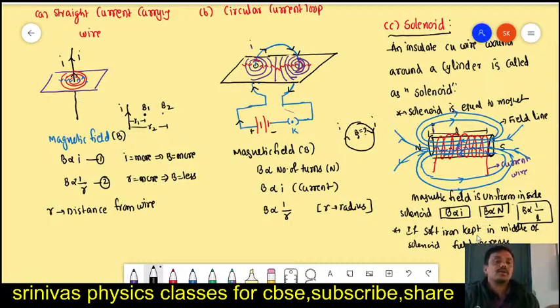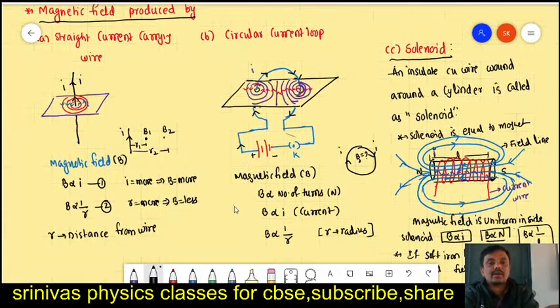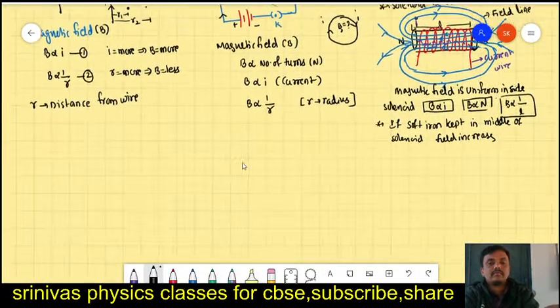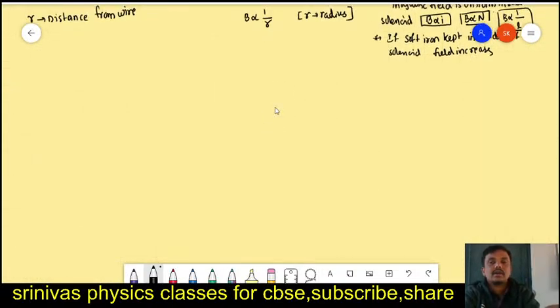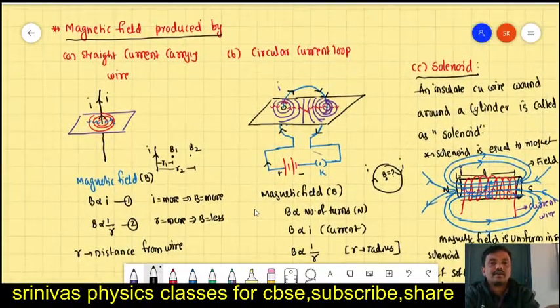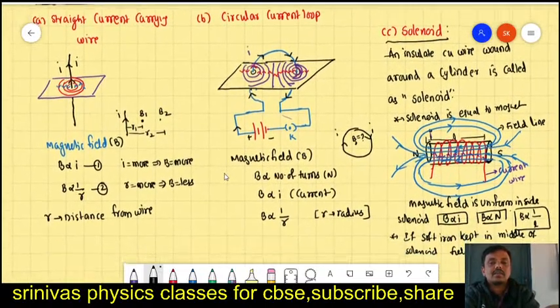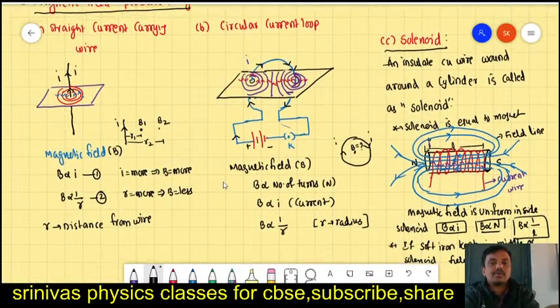This is about the magnetic field due to a solenoid. We discussed the magnetic field pattern. Next topic I am going to explain is the force on a current carrying wire in the magnetic field. Take a screenshot, and in the textbook also it is there, you have to read line by line.